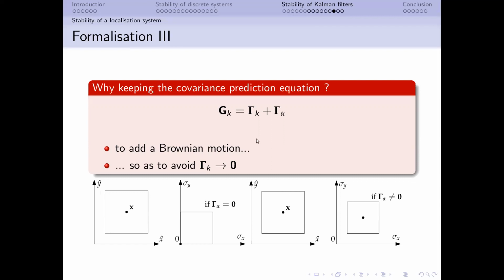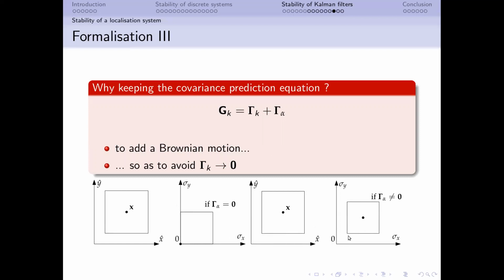So to do that, we have a Brownian motion, which is basically noise, added to the system that is parameterized by gamma alpha. And doing that, we will simply shift the initial box for the covariance matrix away from 0, and then this will allow the box of the estimated position to contract, because we are not 100% sure that the estimation is correct anymore.